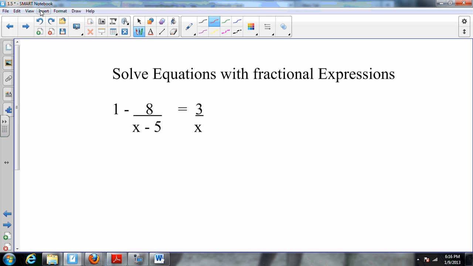We are now going to solve equations with fractional expressions. Okay, we need to make sure to get the common denominator for all parts.